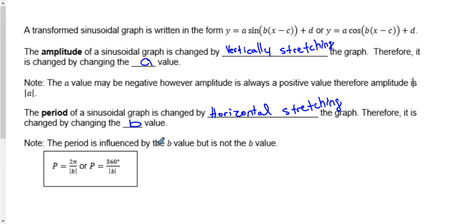The period is influenced by the B value, but it is not the B value. So when we talk period, we're not talking the B value. B value is from your equation. Period is going to be this calculation here. It's either 2 pi divided by absolute value of B or 360 divided by absolute value of B.